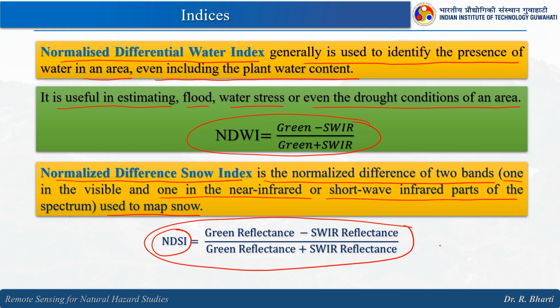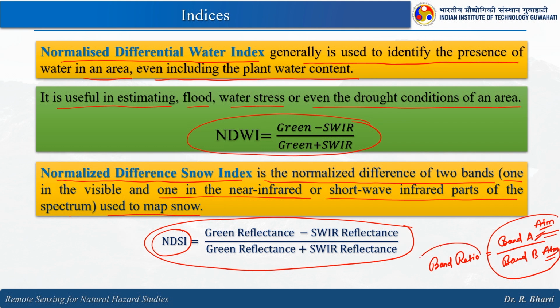So, when we are doing this band ratio, band A divided by band B, band A has atmospheric effects and band B also has atmospheric effects, because those are captured at the same time by the same sensor. So, when we divide them by each other, what is happening here? We are removing the effects of atmosphere.